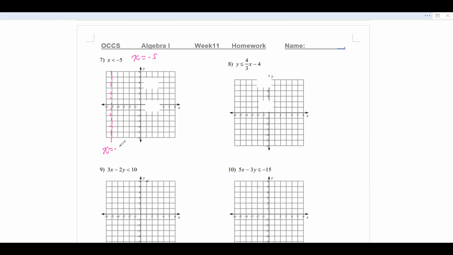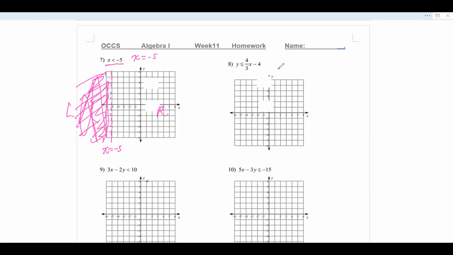This is x equals negative 5. X less than here. So right now it's not up and down, only left and right, right? This line splits the x-y coordinate system into left and right. When it's greater, it's the right part; when it's less than, it should be this part, right? So this part will be shaded.